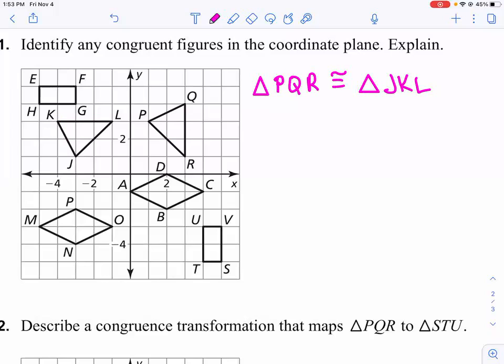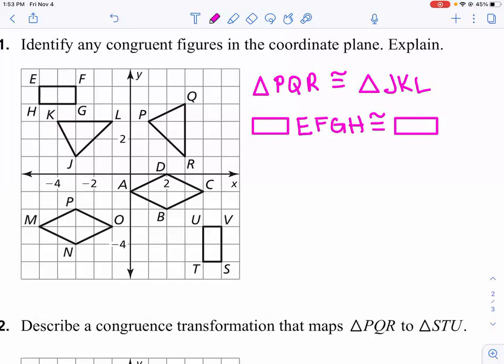I don't even know what corresponds with what for the rhombus or squares. Those are rectangles, so let's talk about the rectangles. Let's talk about quadrilateral EFGH. Technically, there's probably a couple different ways that we could name this.